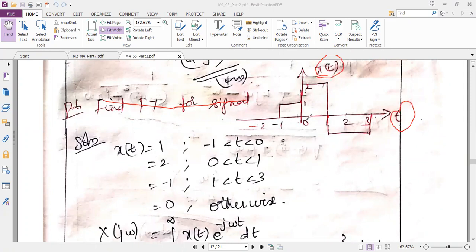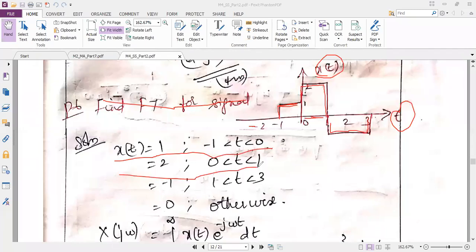So -2, -1, 0, 1, 2, 3, and see, from -1 to 0 my amplitude is 1, from 0 to 1 my amplitude is 2, and from 1 to 3 my amplitude is -1. Now the same thing I can write in terms of an equation, whatever I have seen in the diagram.